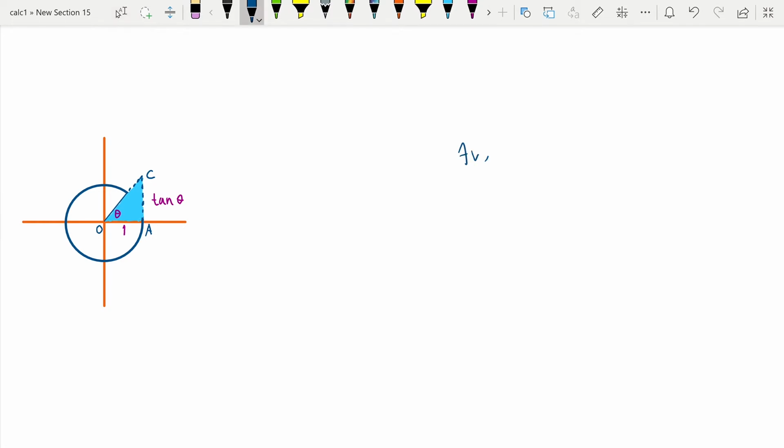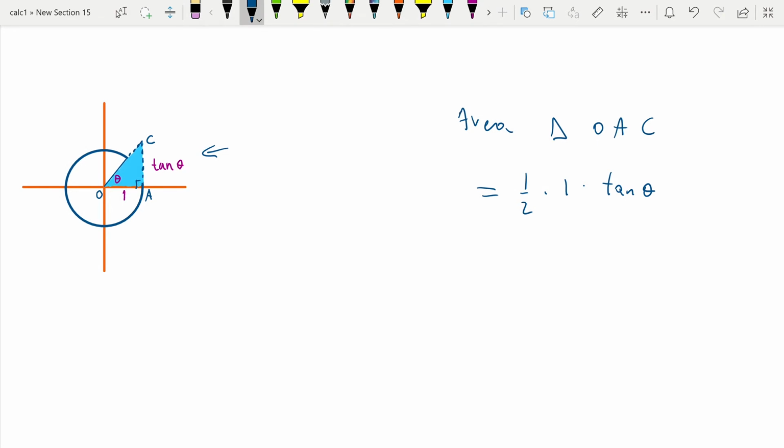The area of the triangle OAC will be equal to 1/2 again, the base, which is 1, times the height, which is tan of theta. How do we know this is tan of theta? Because we have the opposite side. This is a right angle here. And so the opposite side divided by 1 has to be equal to the tangent of theta.